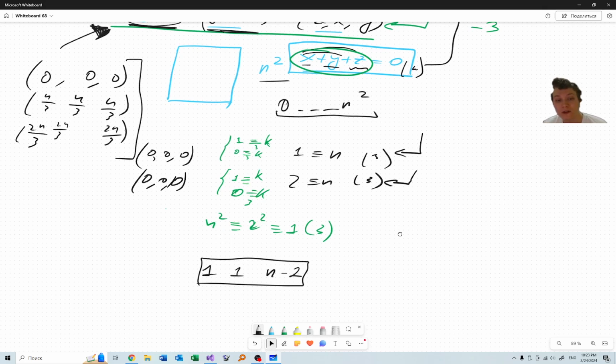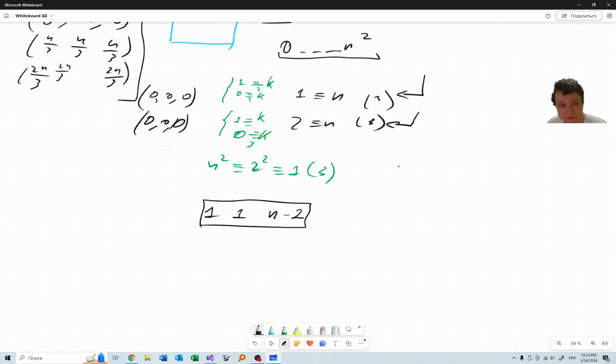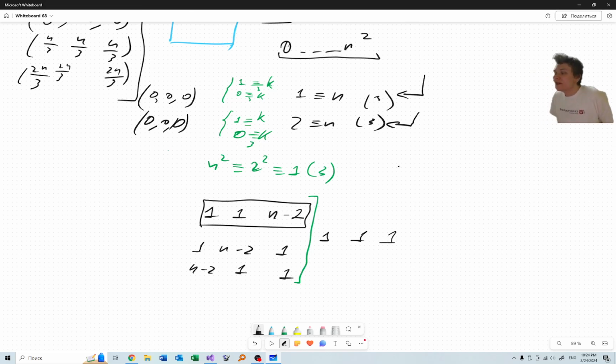It lies in the following triple: 1, 1, n minus 2, 1, n minus 2, 1, n minus 2, 1, 1. Now let's remove all 3 of them and instead put just 1, 1, 1. So it will be the only exception.